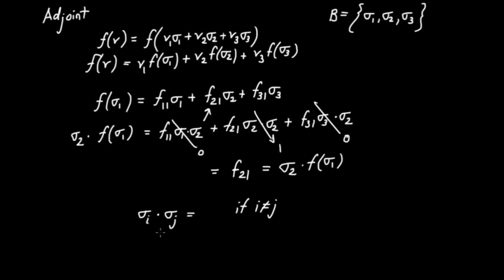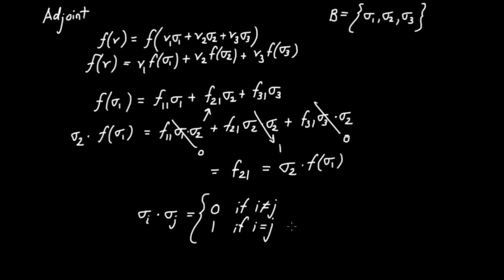If i is not equal to j, they're going to be orthogonal, which means they're going to dot to 0. So this dot product goes to 0 if i is not equal to j. The alternative is if i is equal to j, then we have sigma 1 dot sigma 1, which is equal to the squared length of sigma i. And since these are of unit length, this is going to be 1.